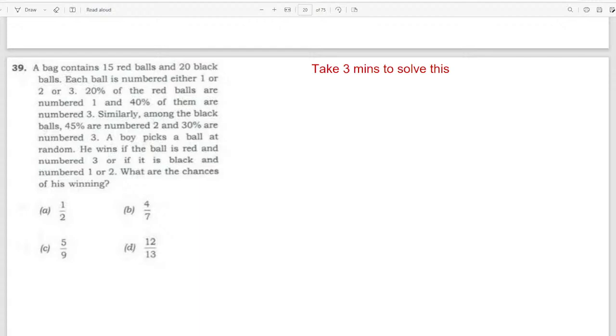There is one response for option B, that is 4 by 7. Others, please post your answers. Yeah, it's time. Please post your answers.